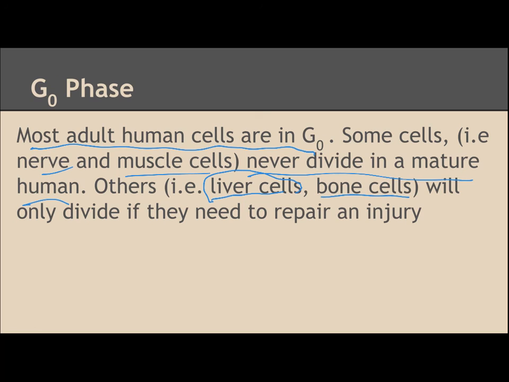Similarly, if you damage your liver by ingesting some poison like alcohol, for example, your liver cells can divide to repair that damage. So certain cells have an easier time exiting out of G0 and getting back into the cell cycle than others. Again, nerve cells in particular really don't ever go back into the dividing phase. So try not to damage your nerve cells too much.